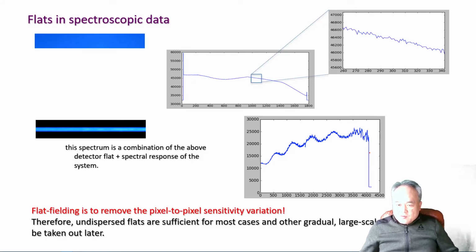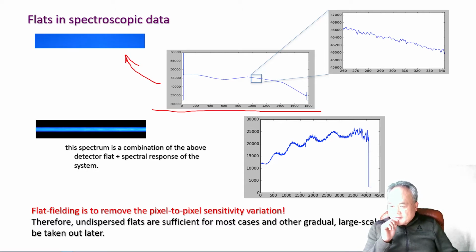But in a typical way, with flats, in principle, we are trying to eliminate the pixel to pixel sensitivity variation. So this top plot is the case for the simple imaging mode flat. So no slit, no grating. Then there's the tiny undulation, and the global change is due to the sensitivity variation across the detector and from pixel to pixel.